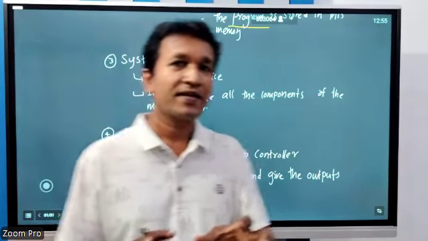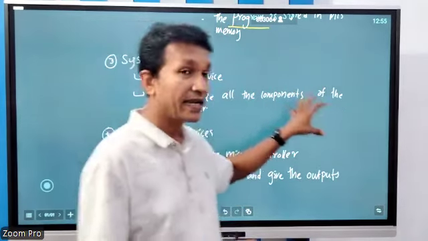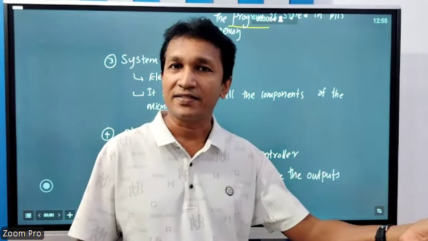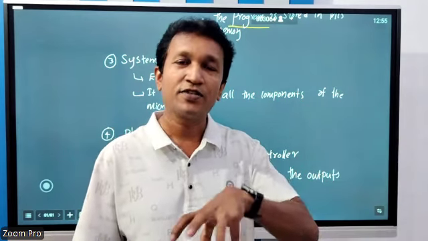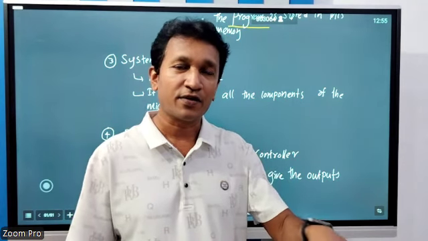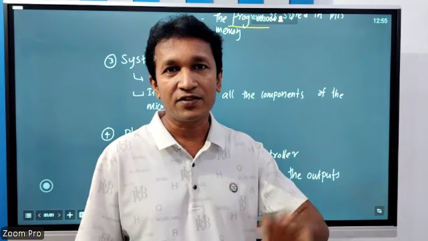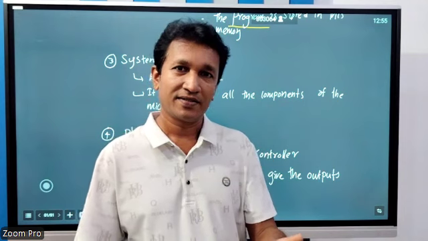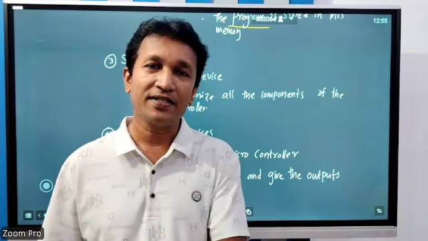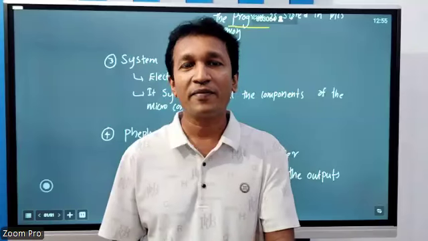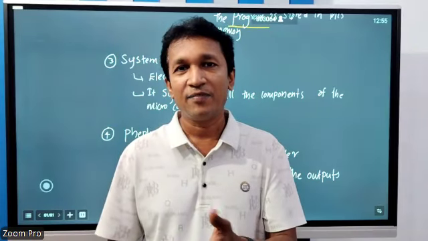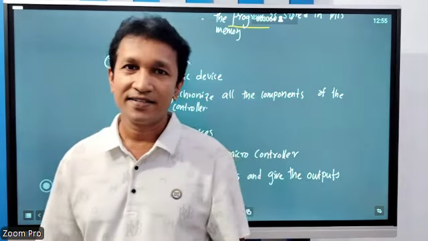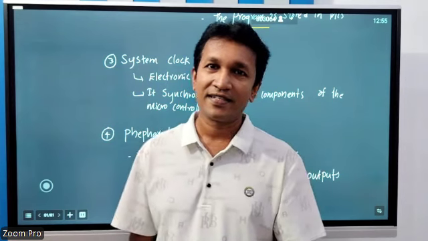When there is a question related to microcontrollers, asking what the peripheral devices of microcontrollers are, then you can say input pins and output pins. If there's a general question, then input devices, output devices, and storage devices. Got it? Yes, sir, thank you, sir.